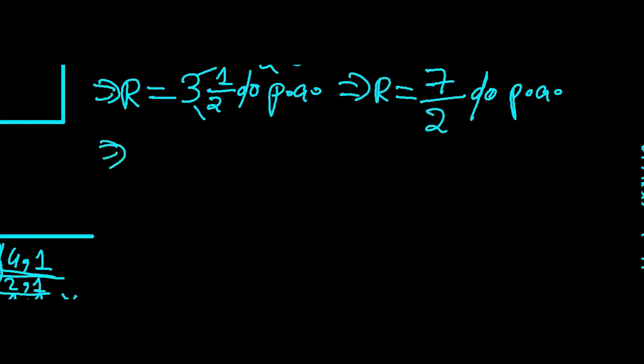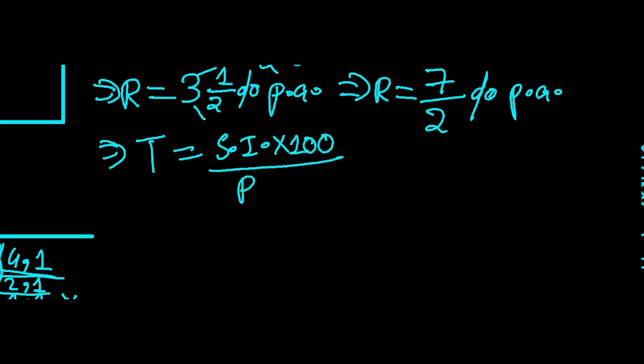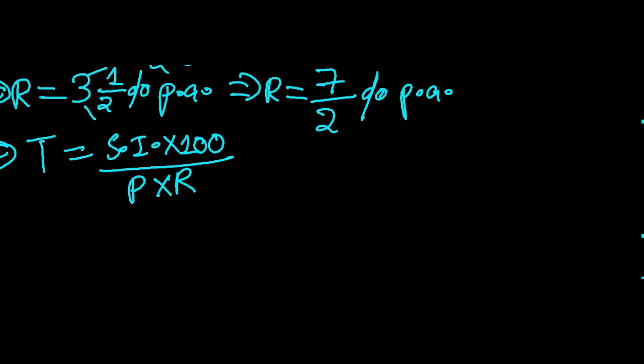So now we will calculate the sum. And now friends, before calculating, let me tell you that we have to find time here. So the formula for calculating time is T is equal to SI into 100 by P into R. Okay, so let's put the variables.